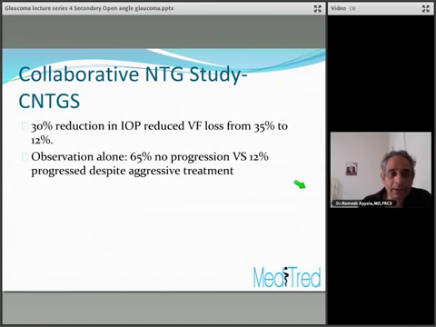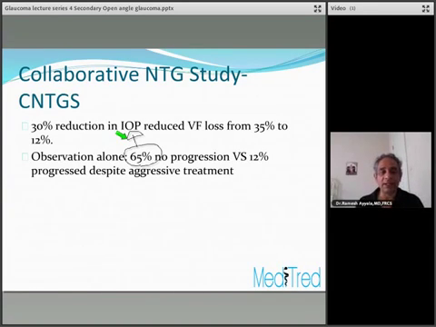And in the observation group, 65% did not progress versus 12% who progressed despite aggressive treatment. So if you observe these patients with normal-tension glaucoma, about 65% do not progress. And maybe this particular category of patients had some other disease process that affected the optic nerve, like we discussed before, and we just could not find them.